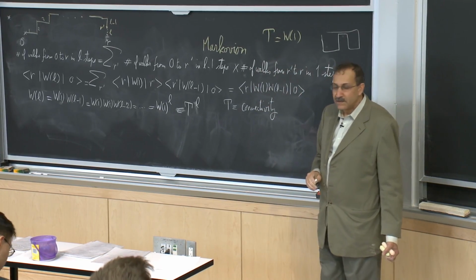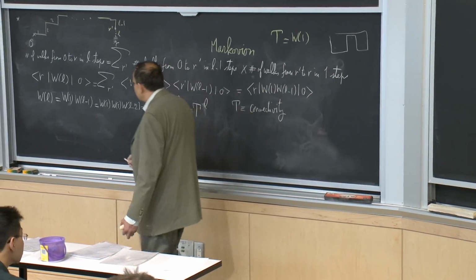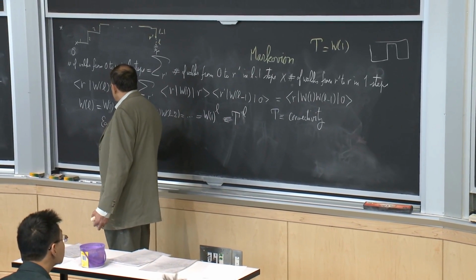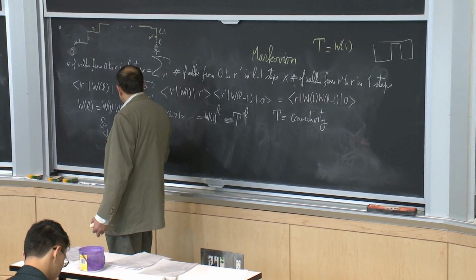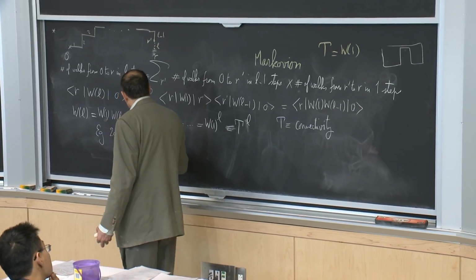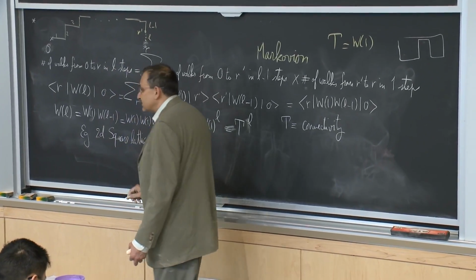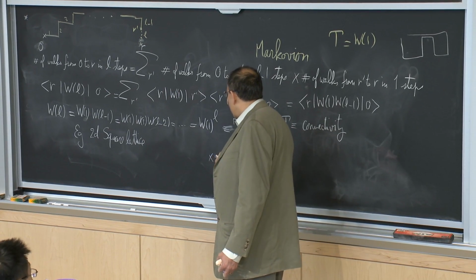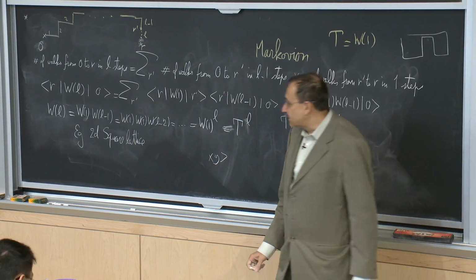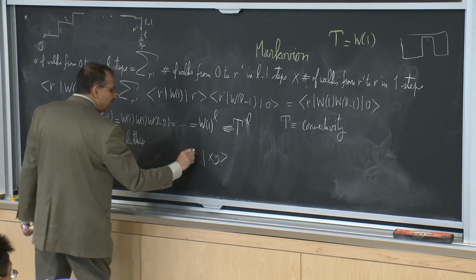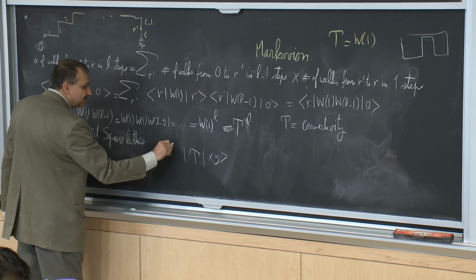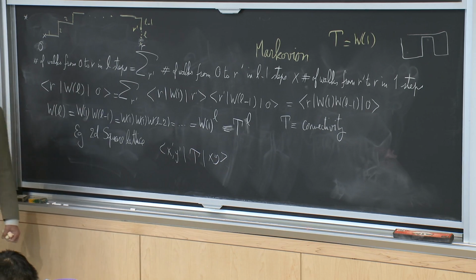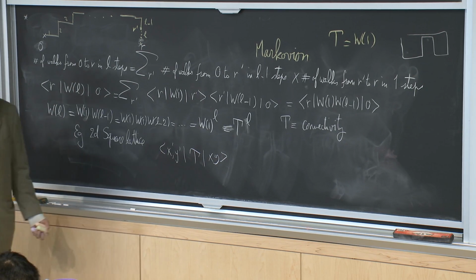So for example, if I'm dealing with a 2D square lattice, the sites on my lattice are labeled by X and Y, and I can ask, where can I go in one step if I start from X and Y?